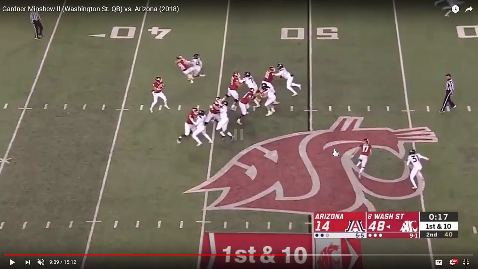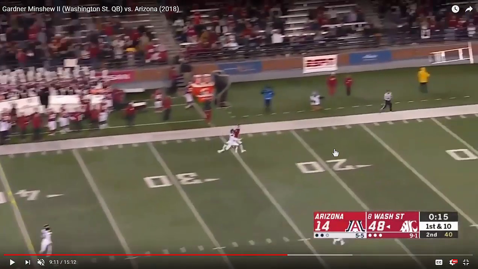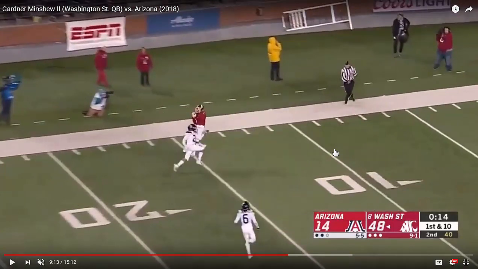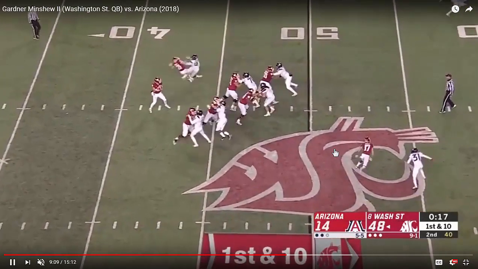So we're looking at Gardner Minshew here, and you're seeing the depth, which is 43 yards. I'd say the high end of the vertical game, which means against certain types of coverages he's going to be able to stretch the field. But his general accuracy on this particular play tells you that the limit of his accuracy is probably within 40 yards and below. Probably in the high 30s is what you'd be looking at here, depending on what more you watch.